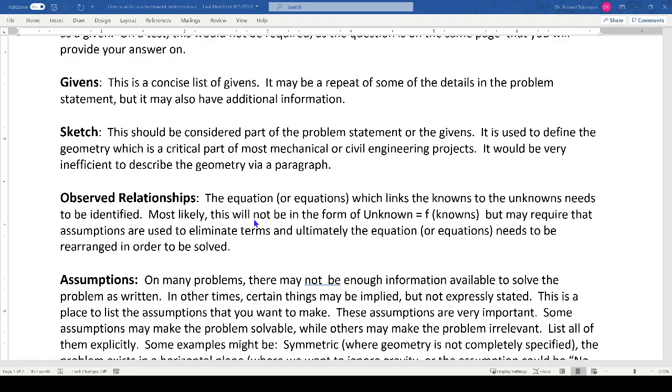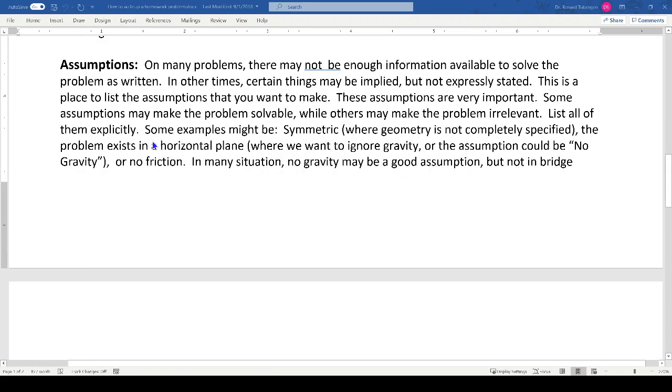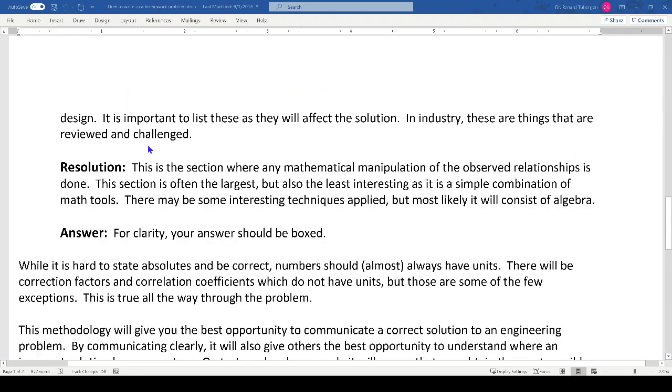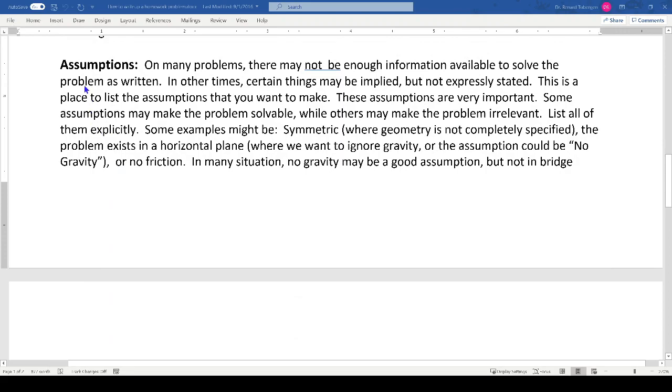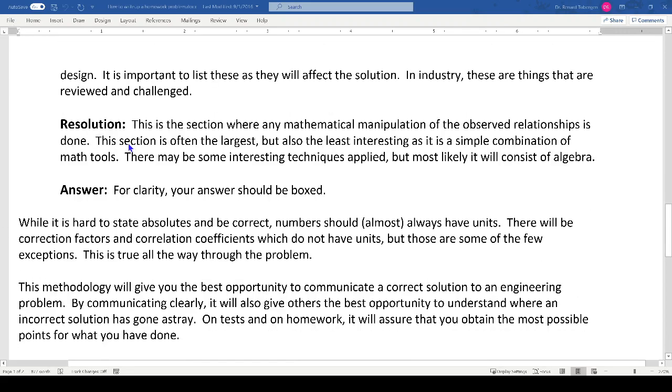Observed relationships, maybe some of the constraints and the other things that go in. But then we make assumptions, and as the story progresses a certain way, the story gets resolved. And that may be part of the falling action. Really, once we've got the assumptions and the governing equation, then things start to drop off.